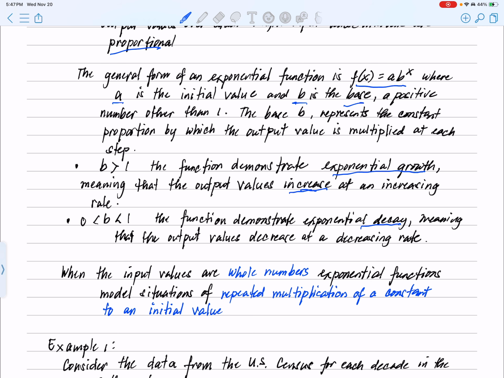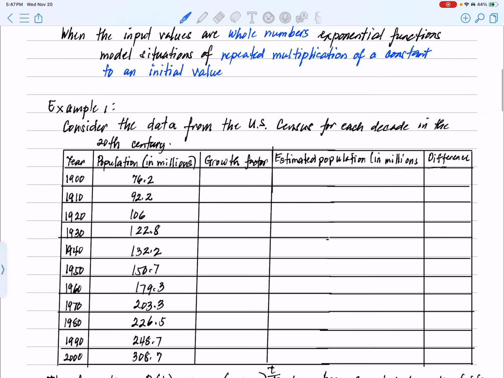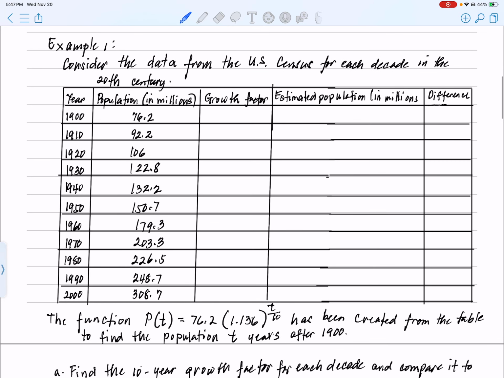Consider the data from the U.S. Census for each decade in the 20th century. So you have the years from 1900 to 2000. The population in 1900 is 76.2 million. In 1910, we have 92.2.